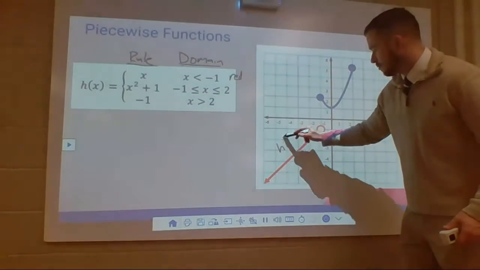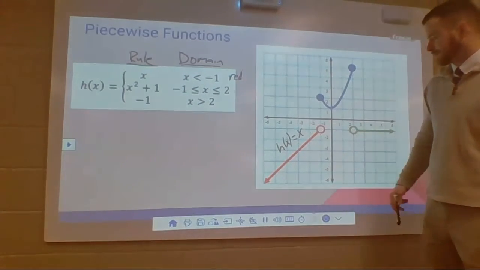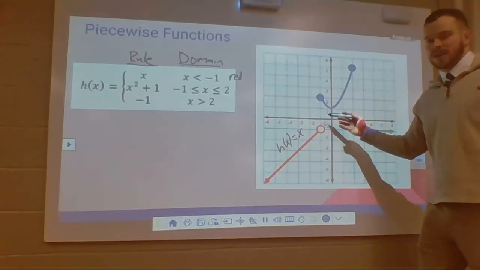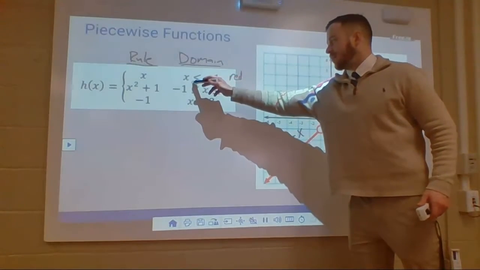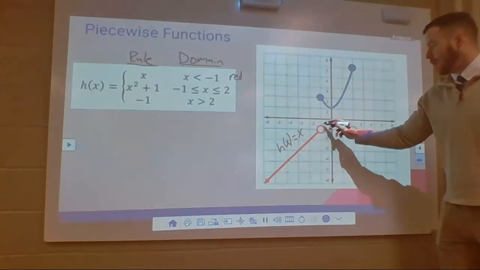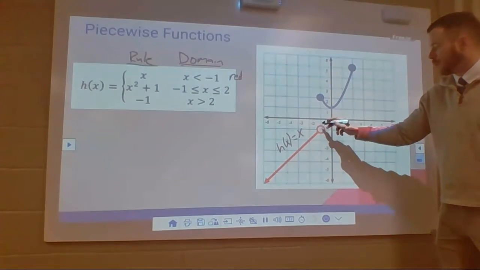So for this rule, h of x is going to be x. Okay, so that's that piece. And its domain is all the x values that are less than -1. Now, because it doesn't have that or equal to sign right there, we have an open dot right here. We have an open point there.